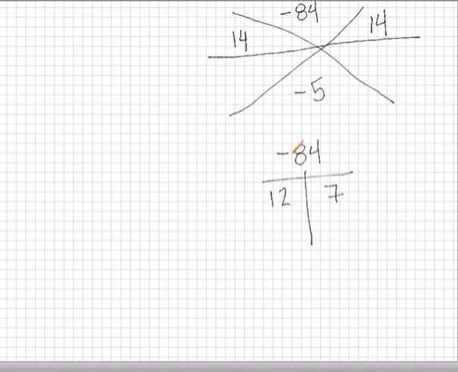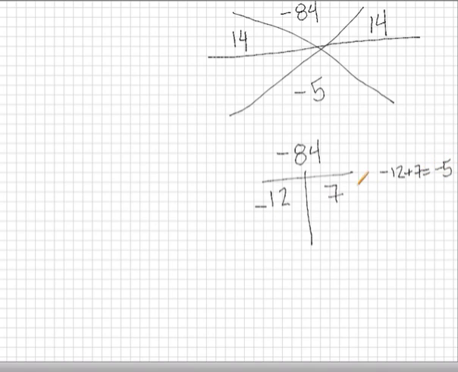Of course, we're dealing with a -84 here, so we're going to have to figure out which one of these terms is negative. Well, we want the terms to have a difference of -5. So if we put the negative on the 12 and we add them together, -12 plus 7 is indeed -5.